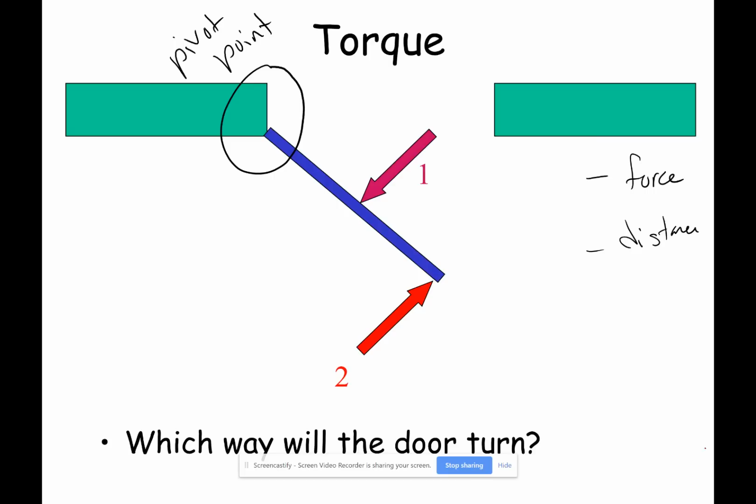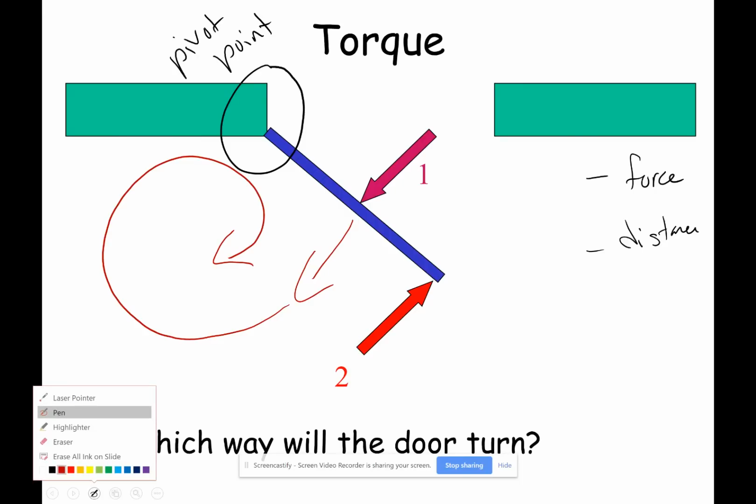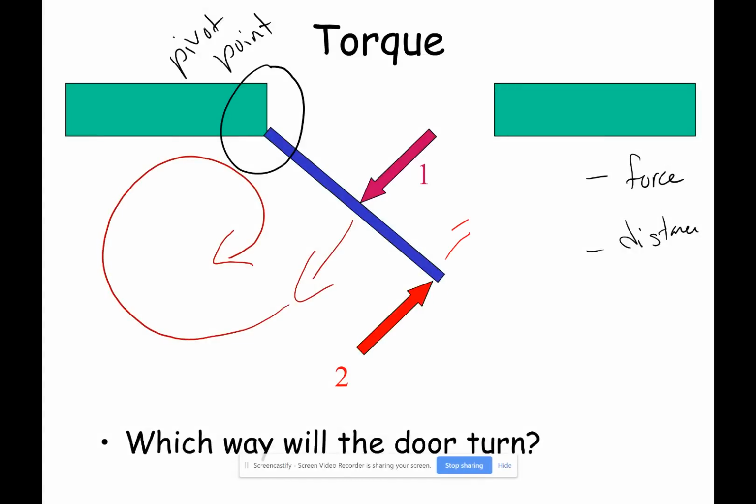If he's pushing in this direction, the door is going to rotate that way. And twin 2 is pushing this way, so the door would end up turning that way.